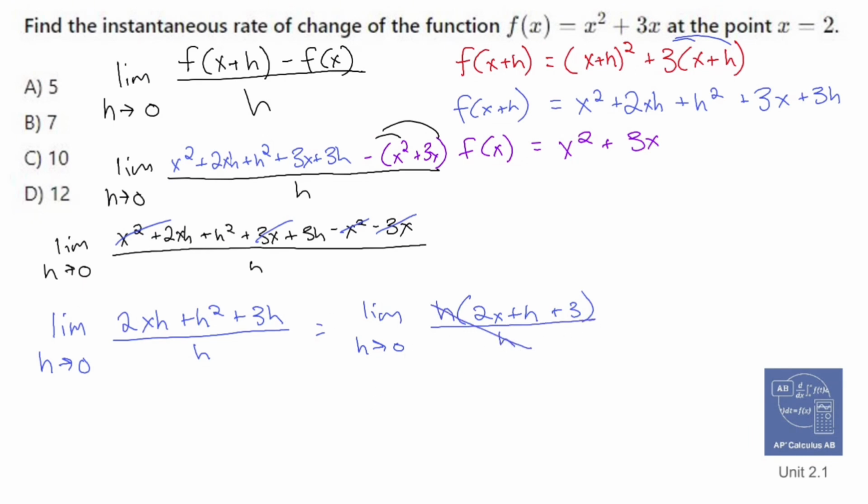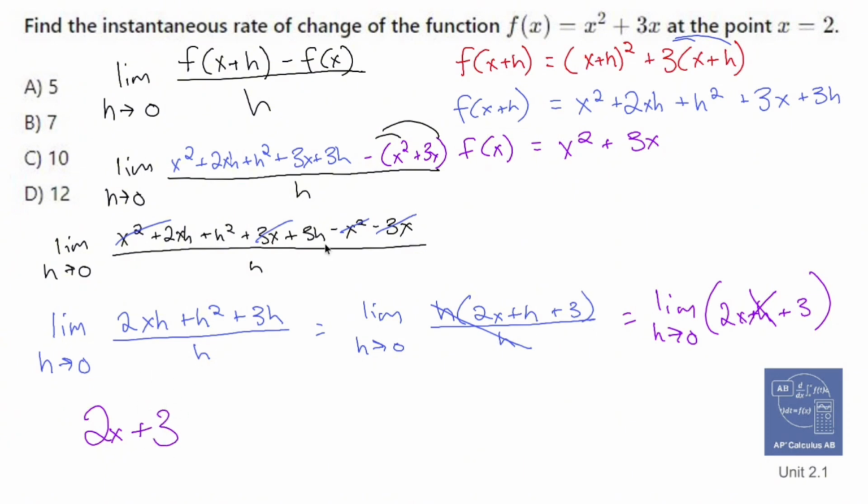Now things are great. I have the limit as h approaches 0 of 2x plus h plus 3. So when I plug in 0 for h, the h will go away. And that leaves me with 2x plus 3.